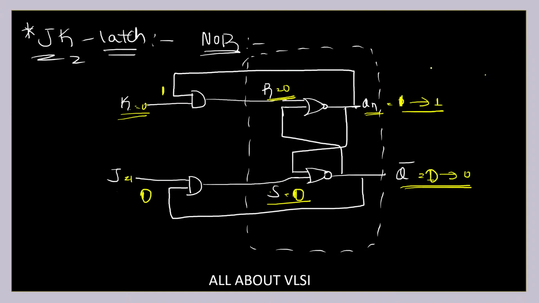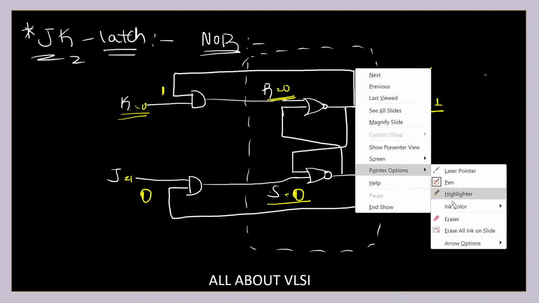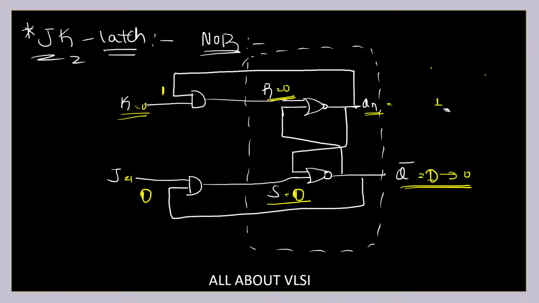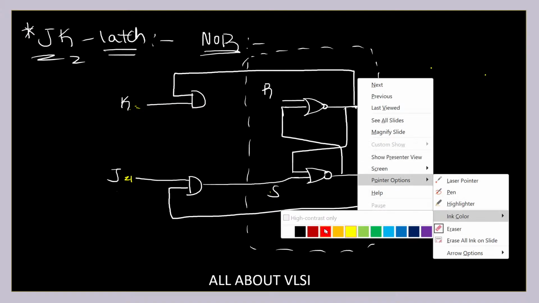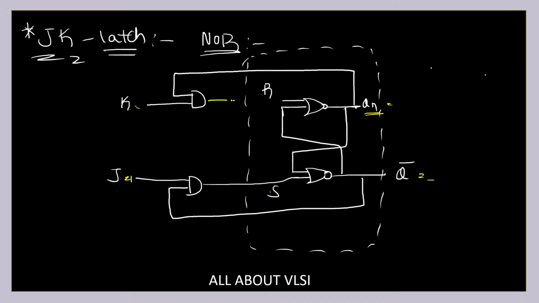Okay. So let me erase the previous ones quickly. I have J is equal to 1 and K is equal to 1. And let's say present state is equal to 0.